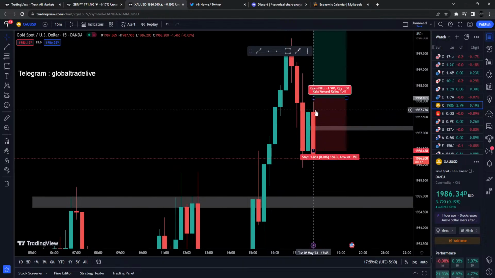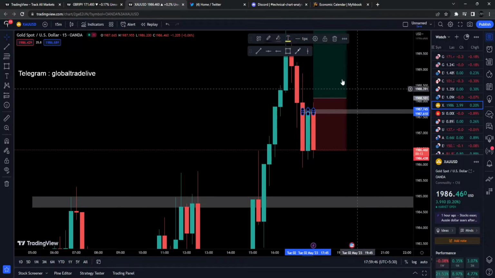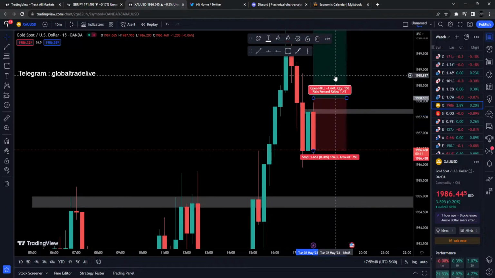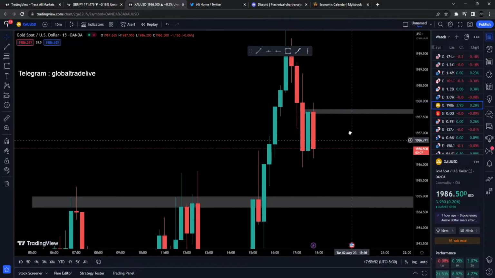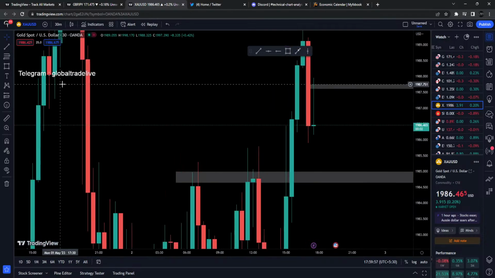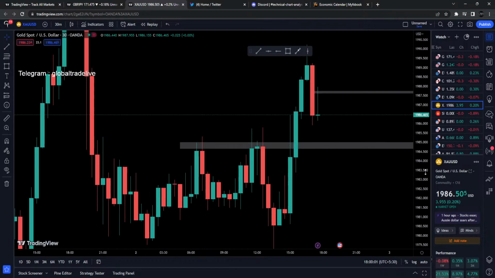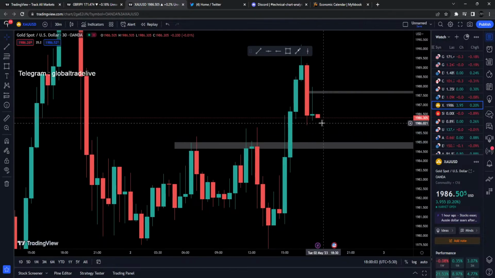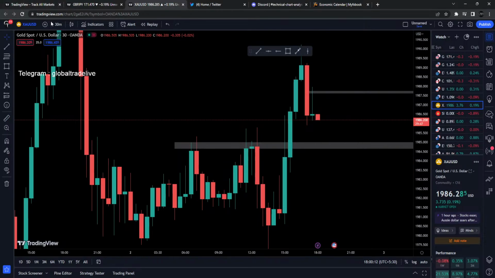Okay, 15-minute will be creating a resistance now, if it will be closing like this. So 30-minute, okay, 30-minute will be closing like this as well. And if the next 30-minute candle wakes up and then break the low, that will be the point we can actually take some trades.